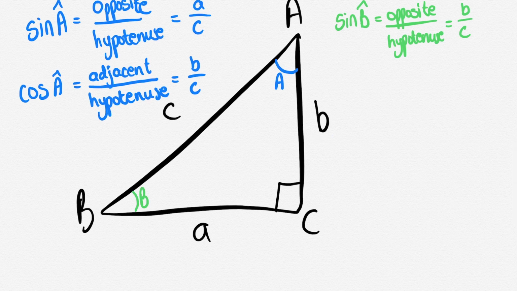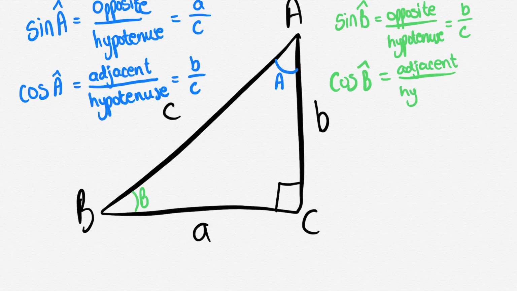So your hypotenuse stays the c. That doesn't change no matter what you do, sine, cos or tan. So there we go. You've got cos of angle A is the adjacent side over the hypotenuse, which is lowercase b over lowercase c.